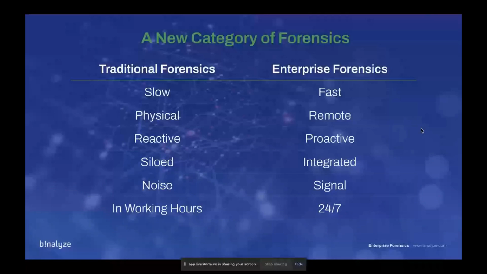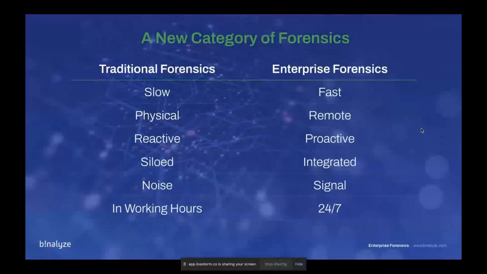First one is it's slow. Enterprise forensics is fast. You need to be physically available on the machine in traditional forensics, but in enterprise forensics, you can perform everything remotely. And traditional forensics is reactive. Enterprise forensics is proactive. You have integrated solutions in enterprise forensics.